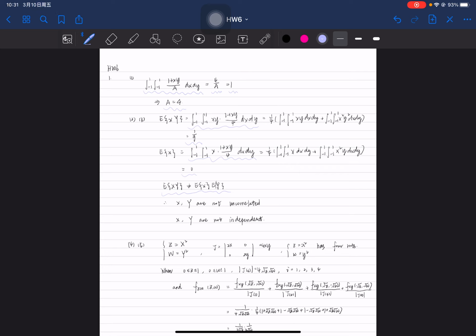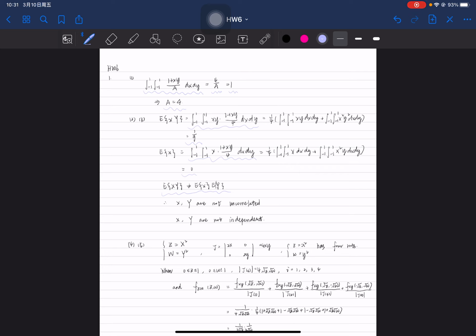For questions 4 and 5, we need to find the joint density function of X squared and Y squared and prove or disprove that X squared and Y squared are independent.